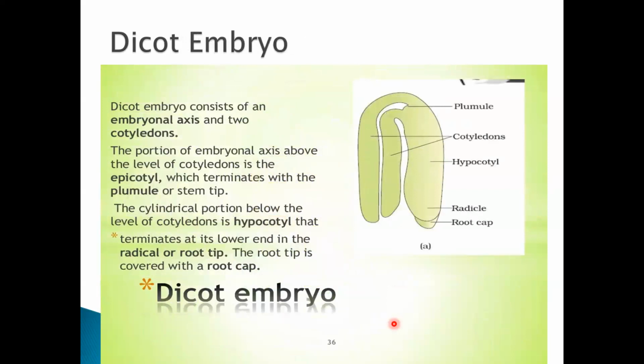About the dicot embryo, you need to give the diagram plus explain it, explaining the embryonal axis, where the cotyledons are present, the cylindrical portion called the hypocotyl, the radicle and the root cap. Radicle is a root tip, plumule is a shoot tip. So you need to remember this about the dicot embryo.